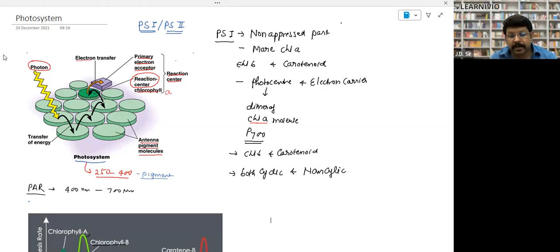Chlorophyll B and carotenoid, in the same line, are comparatively in less amount.